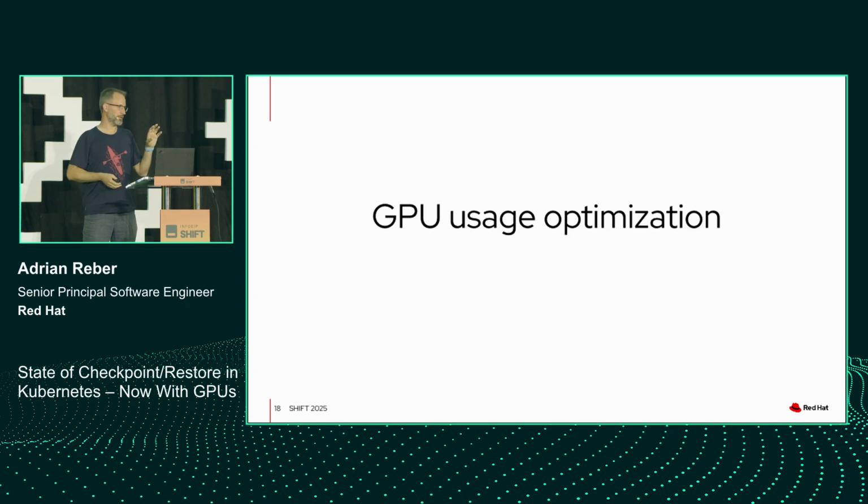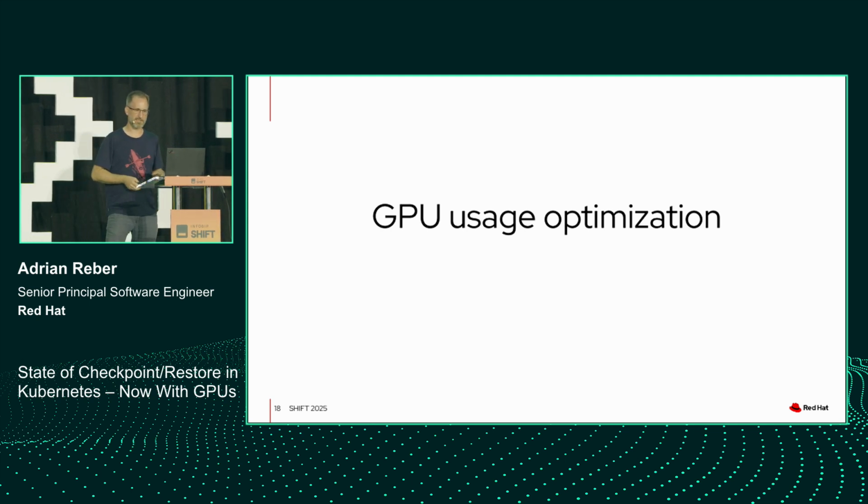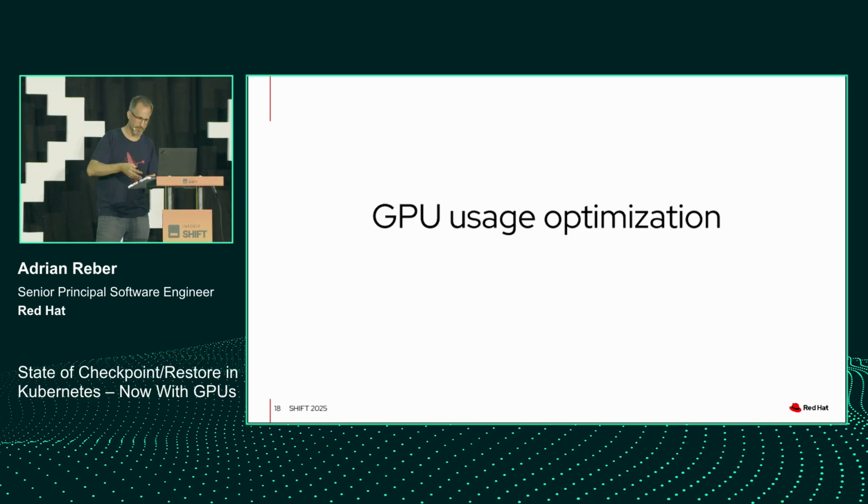There are the Jupyter Notebook users who always want to keep running their notebook and never stop it, but 23 hours of the day it's idle and blocking the GPU. Then there is you running your training workload for your latest model and you want to continue running it somewhere else because this GPU is needed for something else, or again, there's some sign that it might be broken.